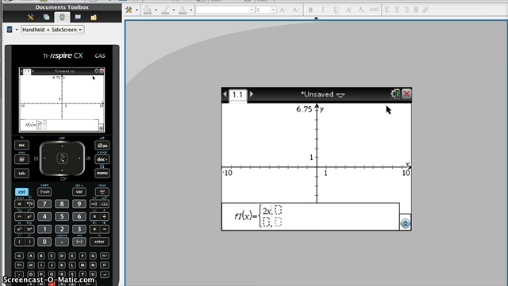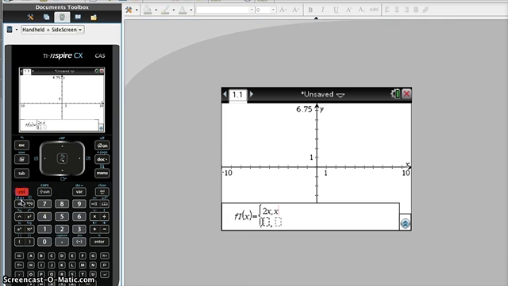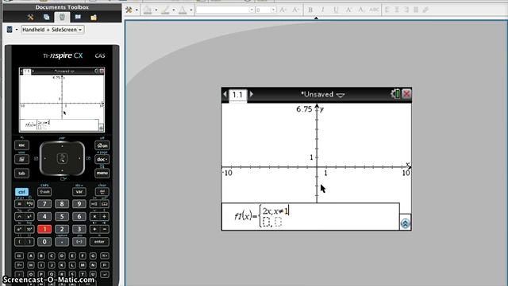Remember, our first equation is 2x. Our domain is x does not equal 1. To find the not equal to symbol, press Control equal, and it brings up not equal. There's our domain for the first equation.